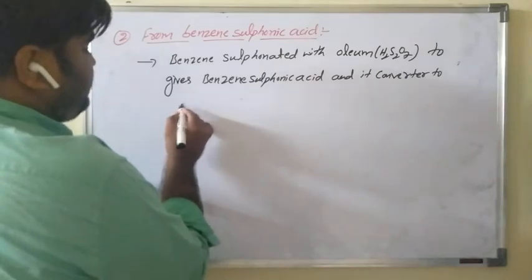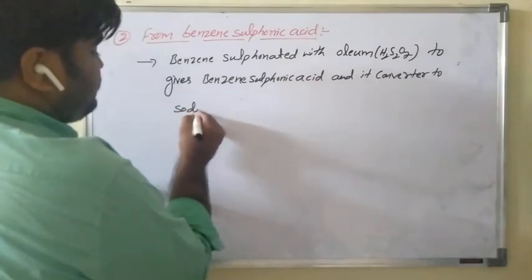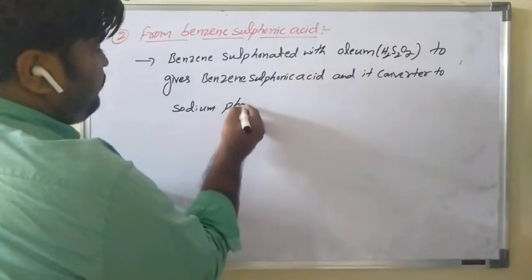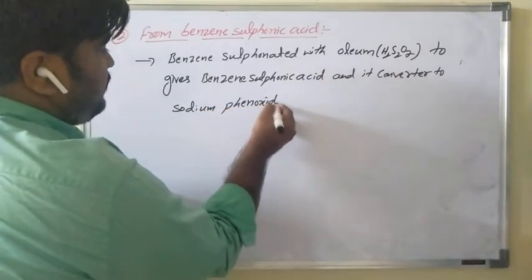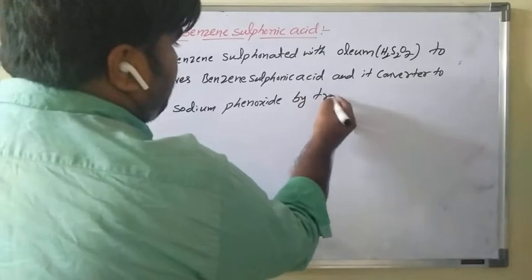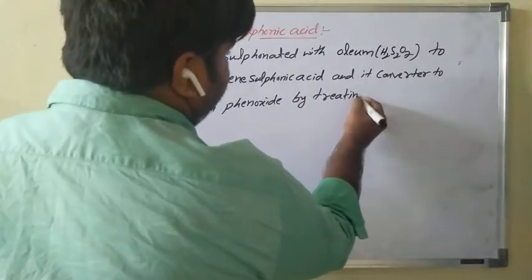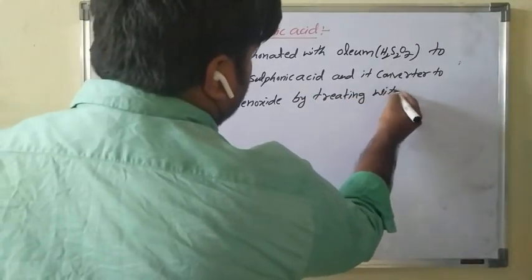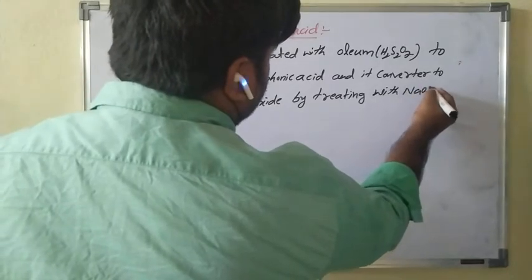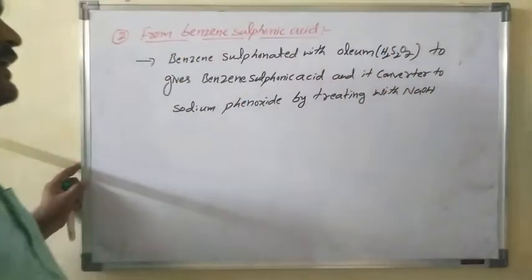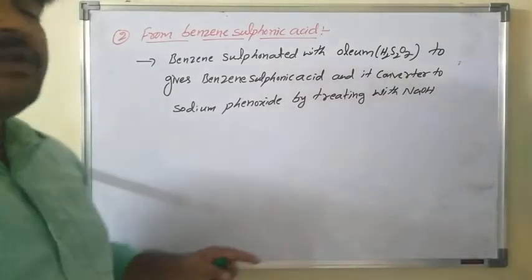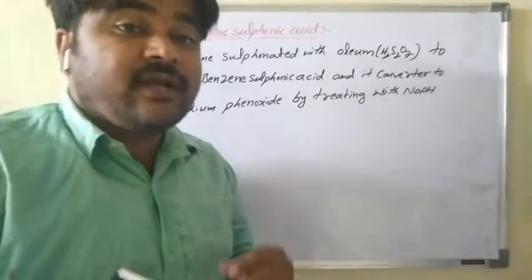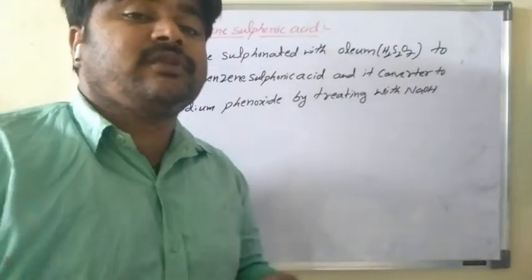And it is converted to sodium phenoxide by treating with sodium hydroxide. See, benzene is sulfonated with oleum. Oleum means what? A mixture of concentrated sulfuric acid and SO3, sulfur trioxide.